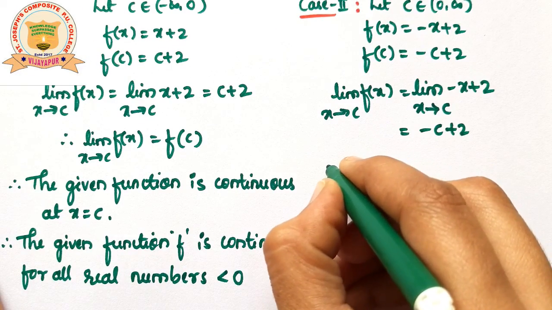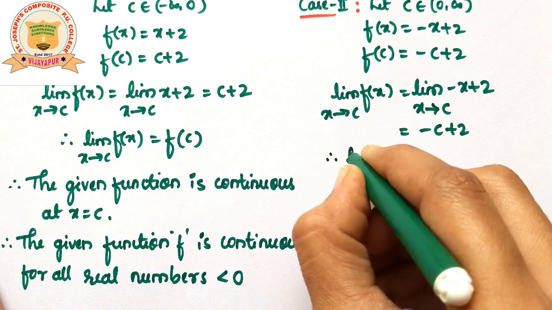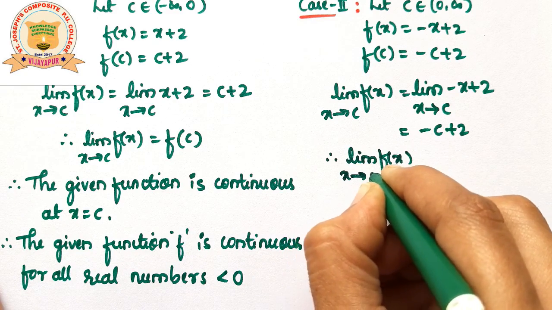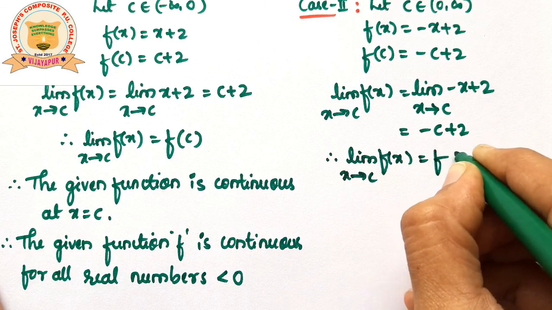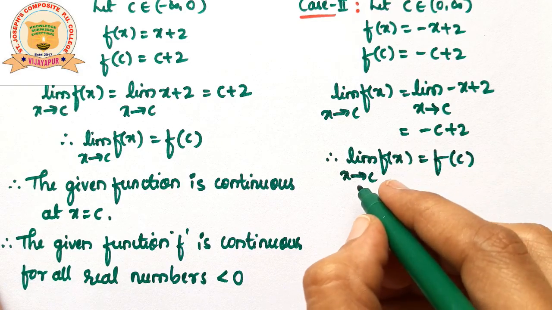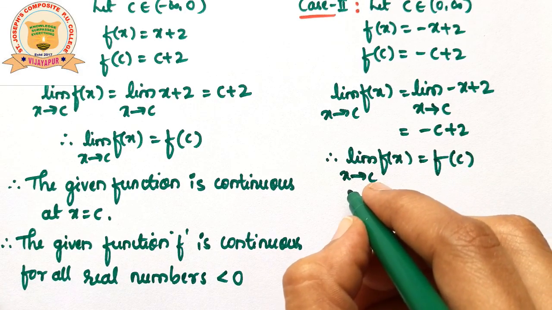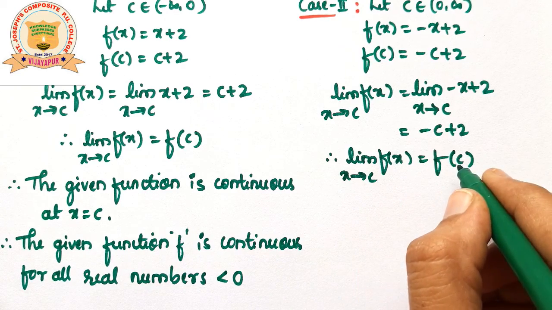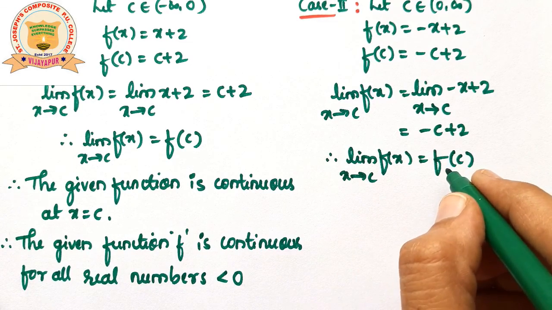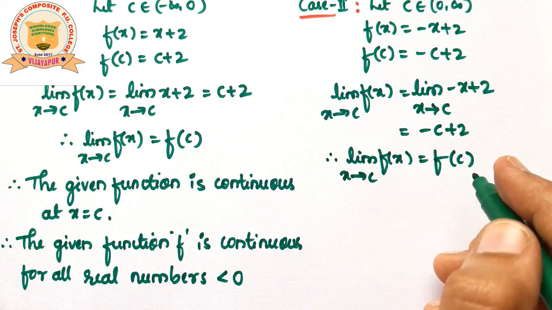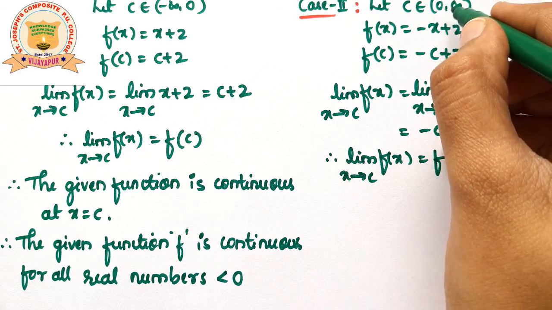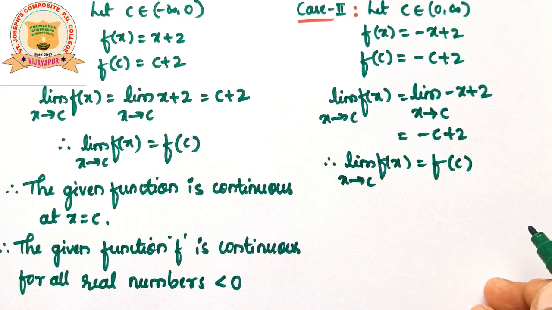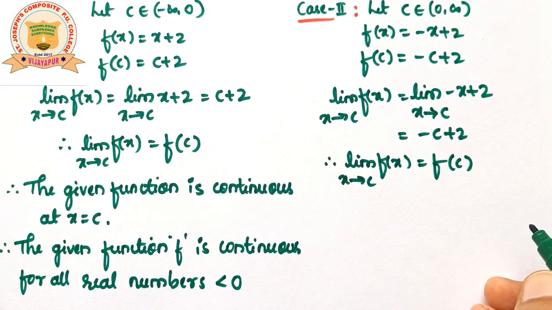Therefore, the limit of f of x as x tends to c is equal to f of c. By the definition of continuity at a given point, we conclude that the function is continuous at x equal to c. Here c is a real number greater than 0, nothing but c belongs to 0 to infinity. For all the real numbers between 0 and infinity, the function is continuous.